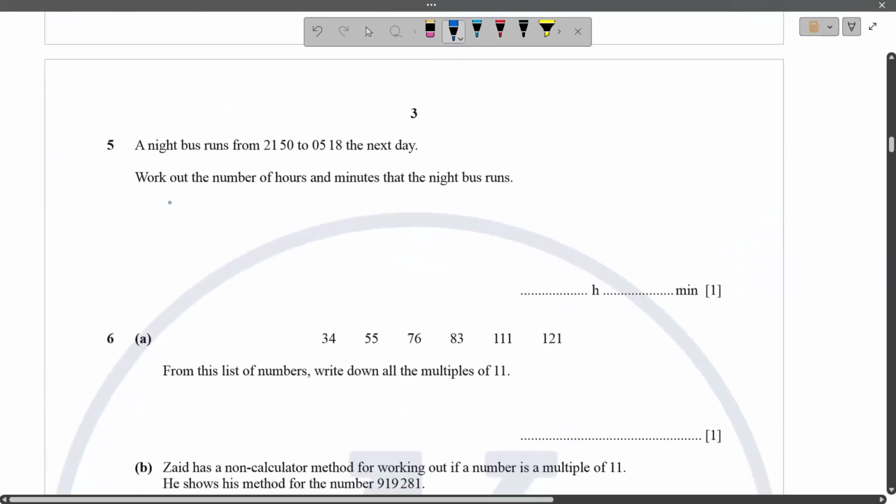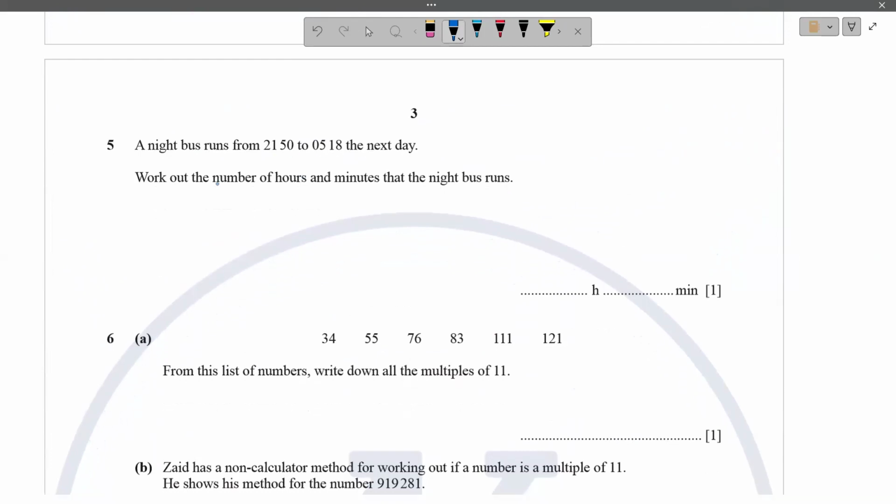Question number 5, a night bus runs from 2150 to 518 next day. We need to work out the number of hours and minutes. So 2150 first to 24. Then next day, I'm going to add 5 hours, 18 minutes.